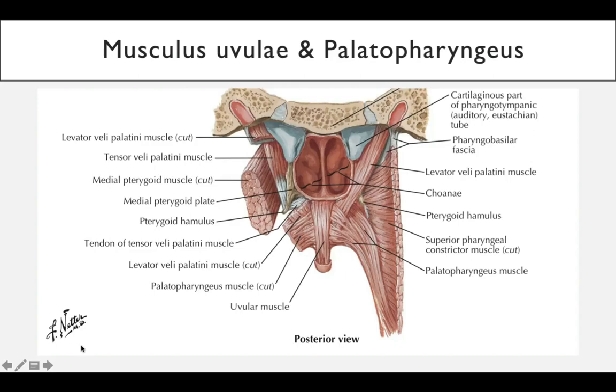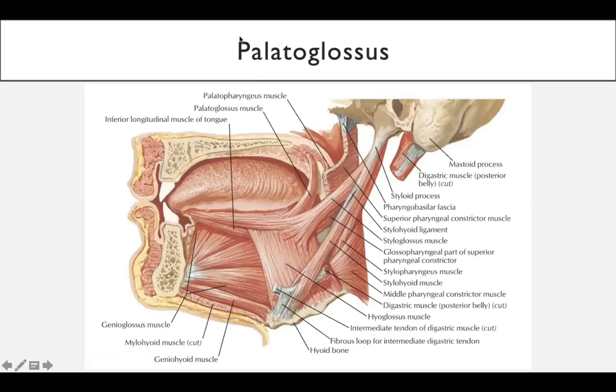You'll not forget. Okay, but do we have a palatoglossus here? No, no problem. We will have a palatoglossus here. So it is palato and glossus. So palato means palatine. It has a relationship with the palatine. Okay. And glossus means tongue. It should have a relationship with the tongue. Okay, we agree. So palatoglossus muscle. Let's mark that palatoglossus muscle has a relationship with the palate and root of the tongue. Okay.